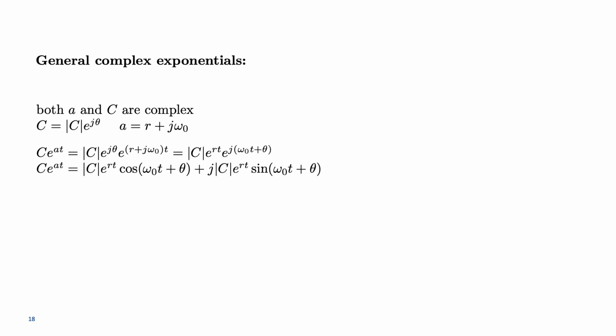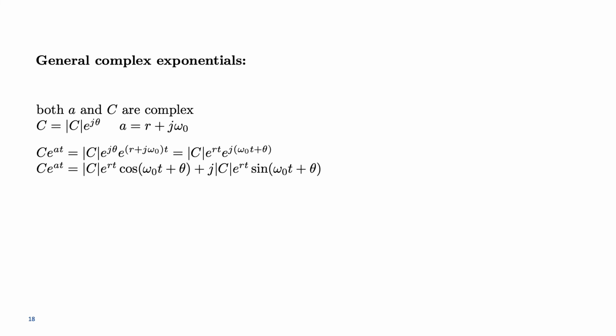Okay, if we do this and we manipulate the expressions, then we get that our original expression c e to the at can be written in several ways. We can isolate the magnitude and the phase and multiply it by a complex exponential like the one above, or we can separate real part and imaginary part like the one below.